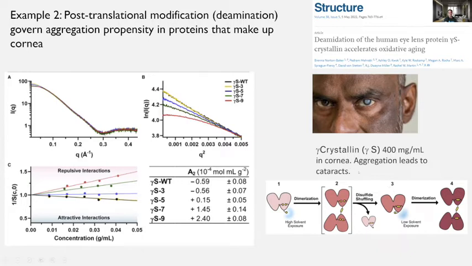So 400 mg per mil is not common. So this group was looking at treatments of alpha crystalline as you progressively deaminate the protein and showing that in solution, different deamination treatments introduce the structure factor. So sometimes you would get repulsion between gamma crystallines and sometimes you'd get this aggregation that was not helpful.